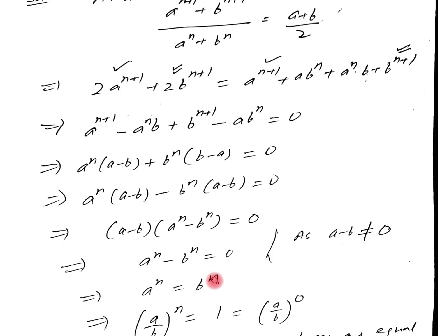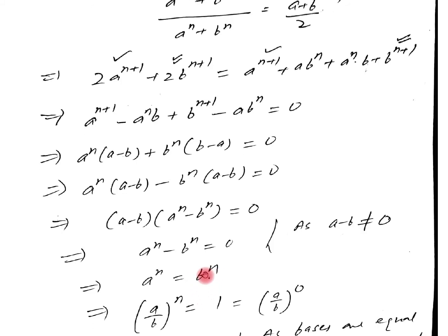Now see this step very carefully. Now I am taking this term in the denominator of left hand side, as the powers are same, we can collect them, so it can be written as a upon b whole power n is equal to 1. It means we are dividing both sides by b raised to power n.